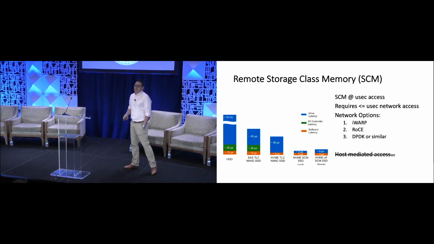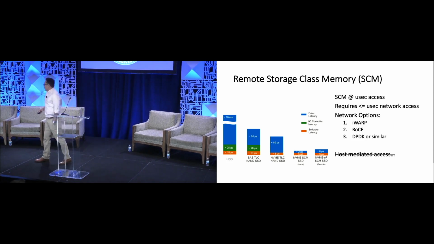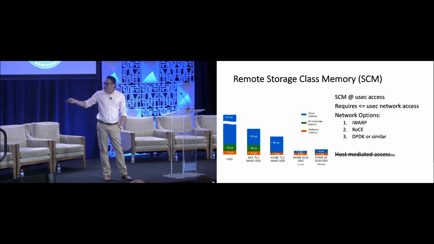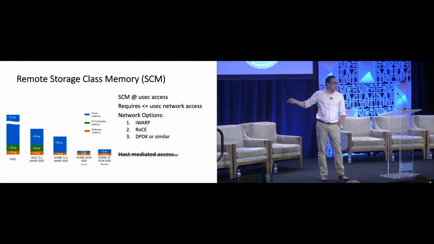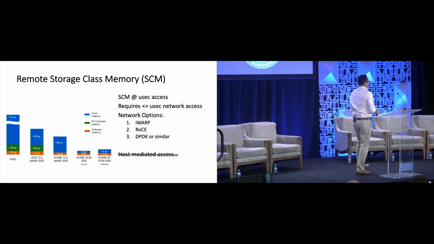It's a 2 microsecond access time, and everything else is really software or communication overhead. If we take the case of accessing that device over the fabric in NVMe over fabrics, which is essentially RDMA directly to SCM, we see that there's a small delta increase in the access time because you're accessing over the fabric. But it's nowhere near what it was before in terms of millisecond times. So in both of these cases, we're talking sub 10 microseconds or similar access times.